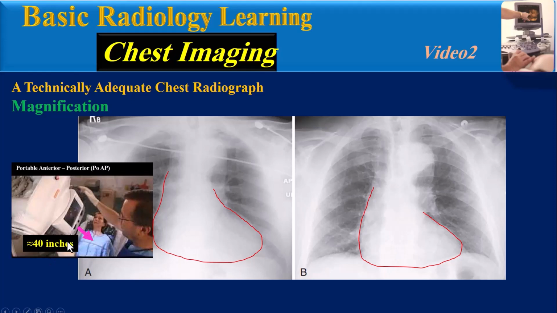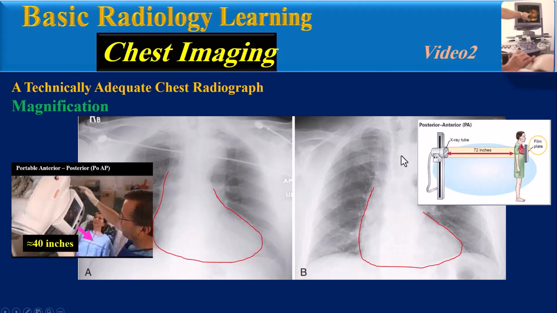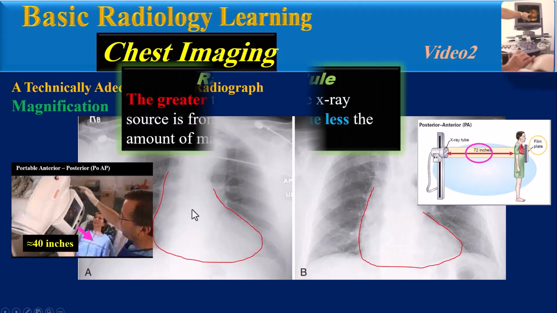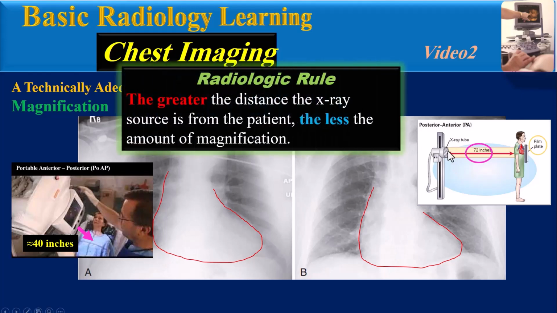This distance is longer when we take a standard PA chest radiograph, where the patient is exposed at about 72 inches or about 180 centimeters. Here we can learn another important radiologic rule. The greater the distance the X-ray source is from the patient, the less the amount of magnification.